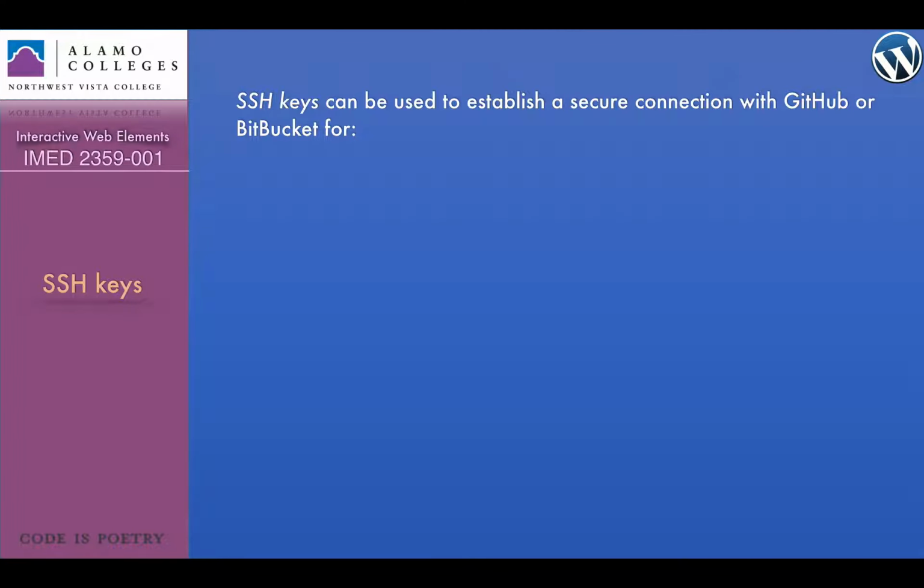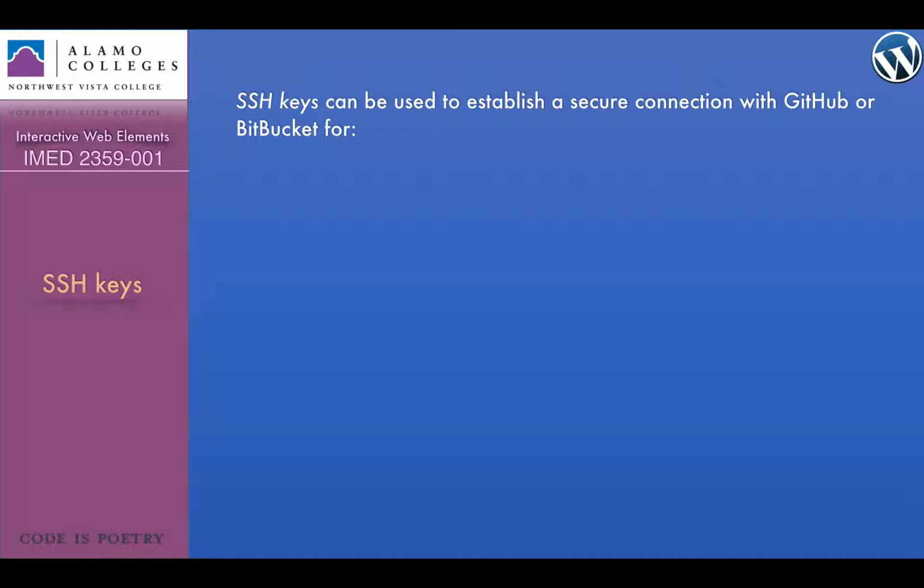So SSH keys, right? We said SSH keys that you generate on your own computer, and it's a way to identify your computer. Think of it as you give your computer a username and password, in a way.